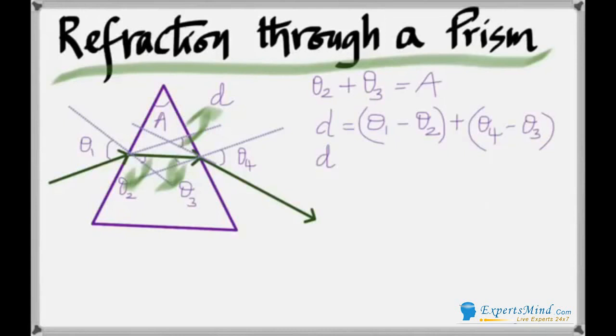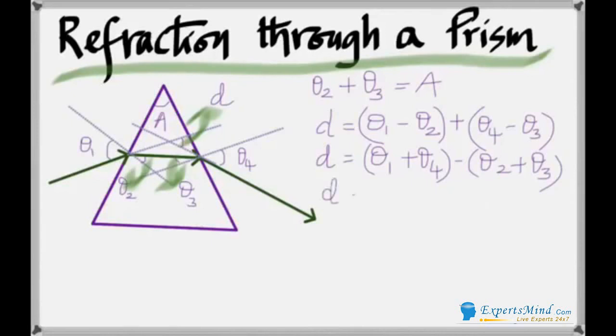Now let's rearrange that. We're almost done. That's simple math. I hope everybody agrees that I can collect those as minus theta 2 plus theta 3. Is that mathematically correct? But what is theta 2 plus theta 3?